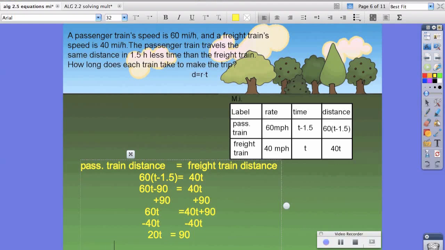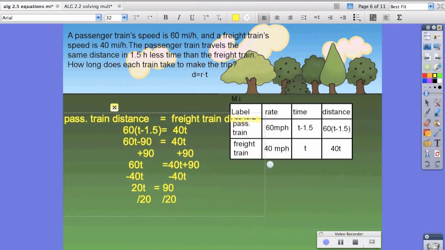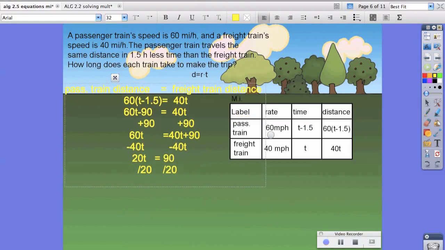Divide by 20 on both sides, and we get t equals 90/20ths, which is the same thing as 9 halves, or 4.5 hours.